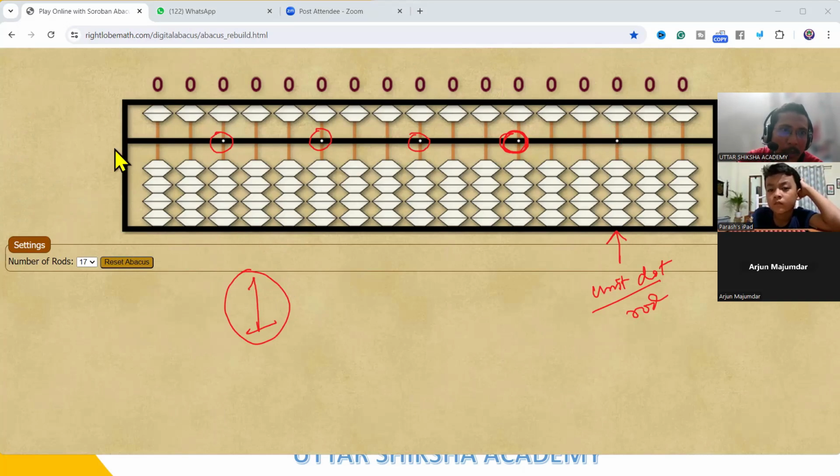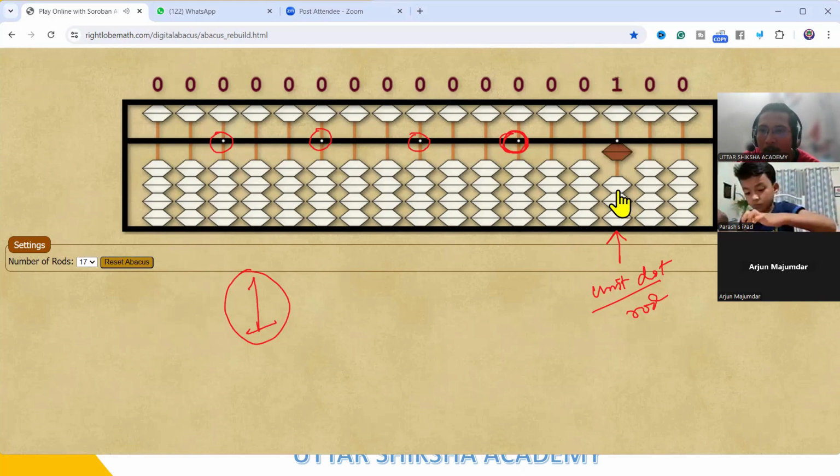You just have to move one bead upward. See, I have moved one bead upward. Can you see I have moved one bead upward? Yes. In the unit dot rod, I have moved one bead upward.